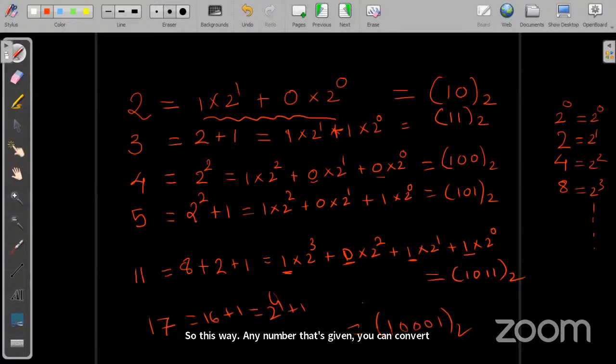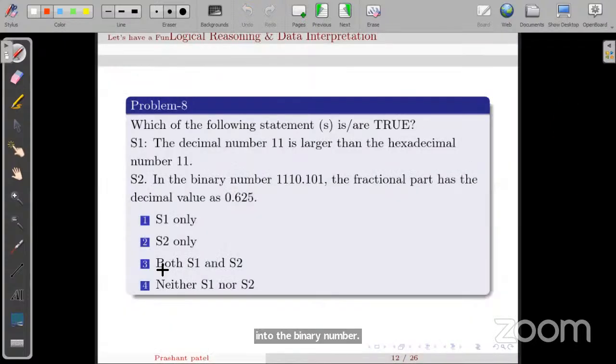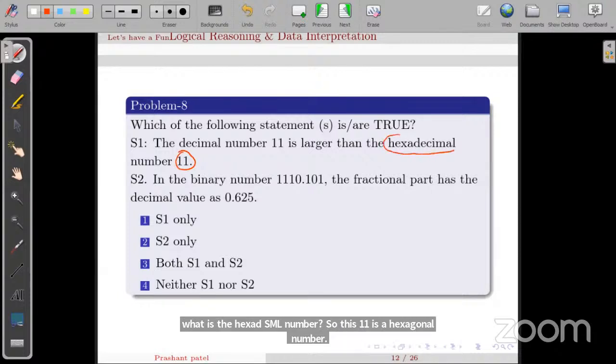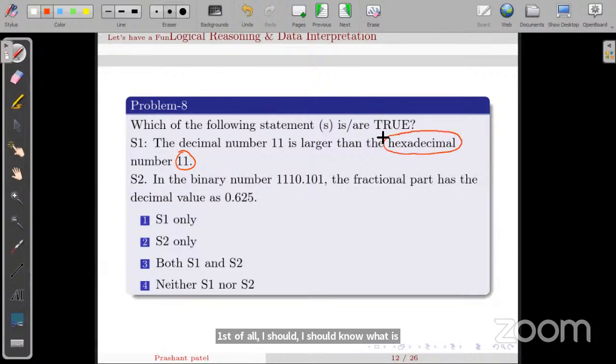Now let us go back to the question. Let us concentrate on the first statement: the decimal number 11 is larger than the hexadecimal number 11. Now what is a hexadecimal number? This 11 is a hexadecimal number. First of all, I should know what a hexadecimal number is.